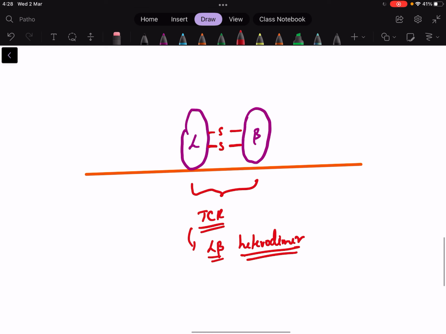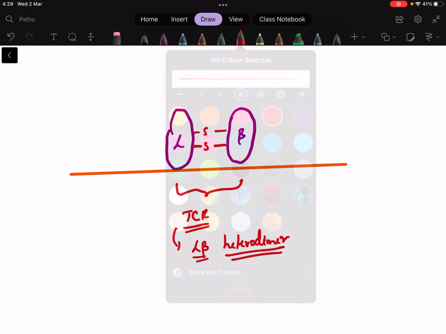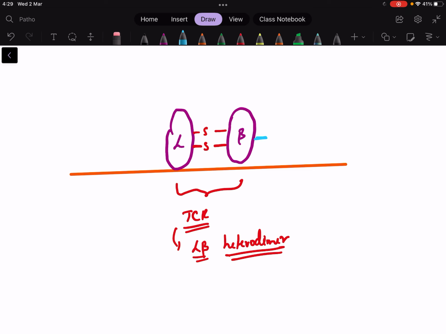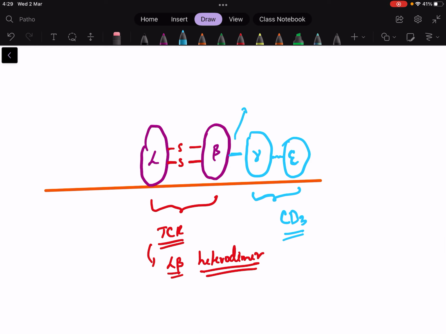Now these alpha and beta proteins present on the T cell receptor are accompanied by other polypeptide chains, such as delta and epsilon. This delta and epsilon polypeptide chain pair is called your CD3 proteins, and these are linked non-covalently.